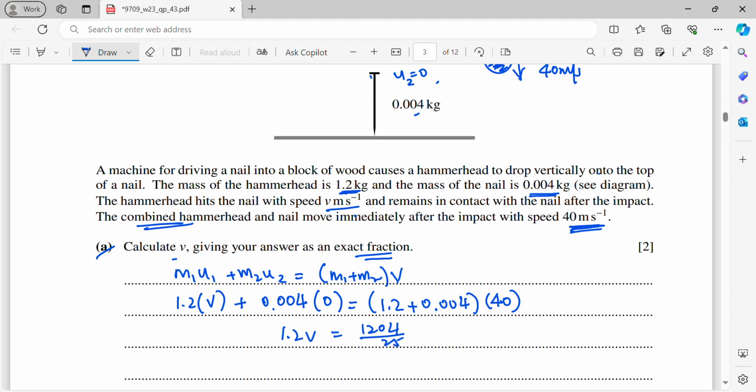So your v is 1204 over 25 times 1 over 1.2. You can leave your answer as a fraction because the question asks for a fraction, so I change the 1.2 into 6 over 5, and this becomes 5 over 6. Then you get 602 over 15. So that is your speed, which is the v.